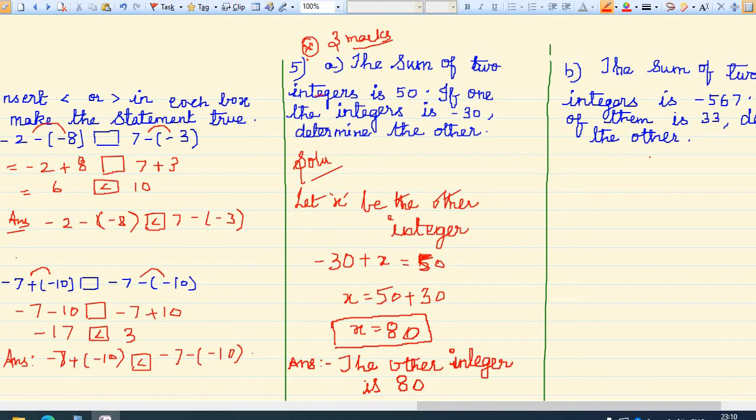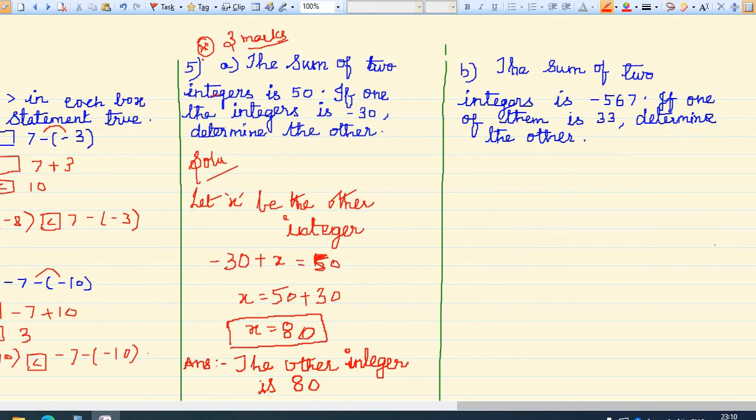Next I have to go for the B sum. See, the sum of two integer is minus 567. If one of them is 33, determine the other. It is same as A sum.